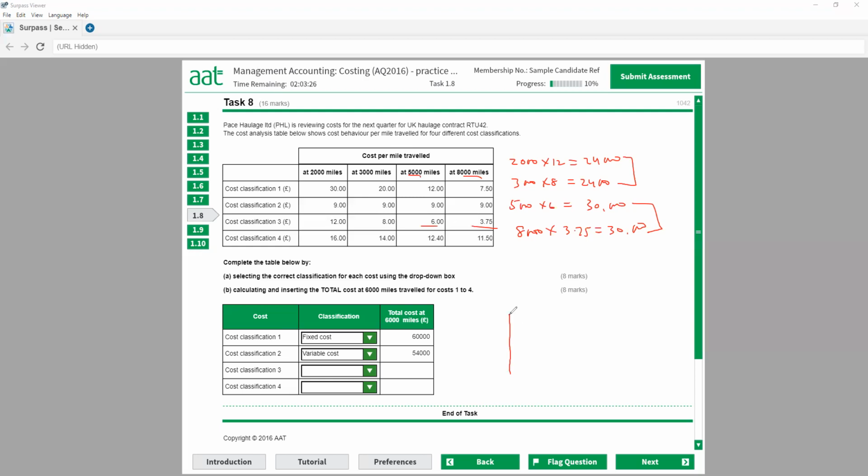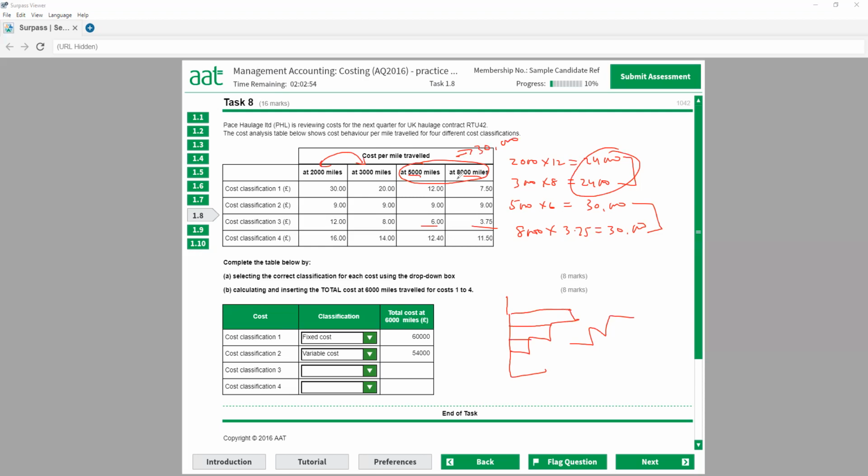If you remember, it goes like that: up to a certain point it is fixed, then it jumps again and is fixed again, then goes up again. It's like a step. This is our step cost, and we have to find how much the step cost will be here. They said between 2 to 3,000 miles, the total step cost is 24,000, and between 5 to 8,000 miles, the step cost is 30,000.